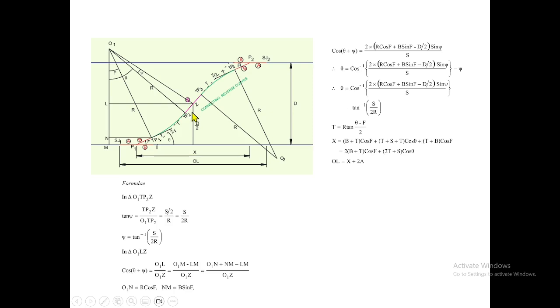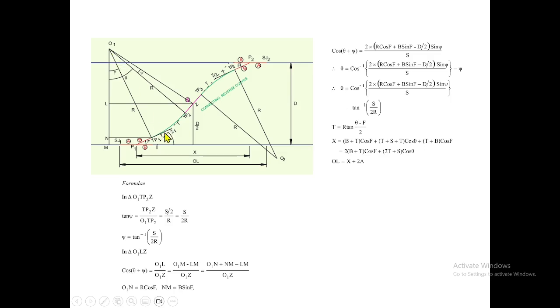Since it is symmetrical, the distance from P1 to the center of the straight will be equal to the distance from the center of the straight to the intersection point of the other curve. So it is sufficient to find out this distance. How to find out?